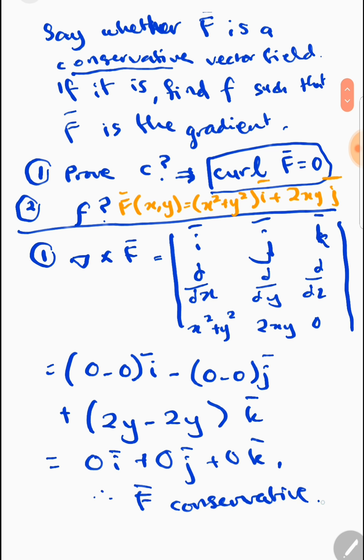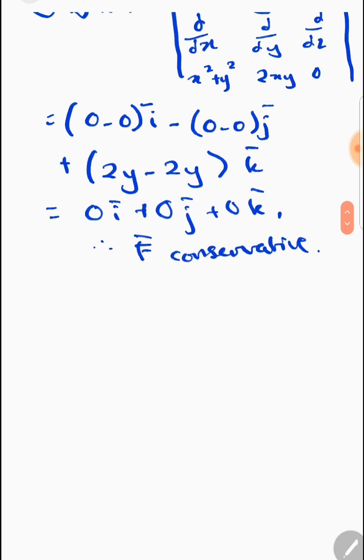Sometimes people want to be fast and go straight into getting f. If they ask you to determine whether it's conservative or not, please make sure that we perform this cross product, the curl of F. Okay, we're done with the first part. Here comes the second part.